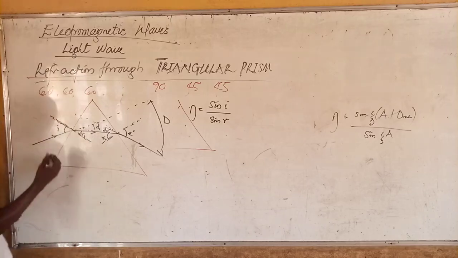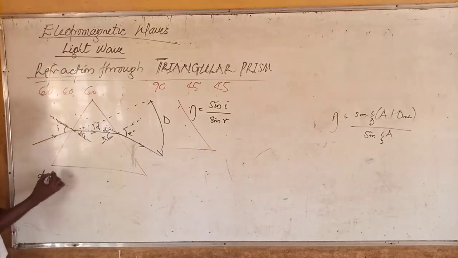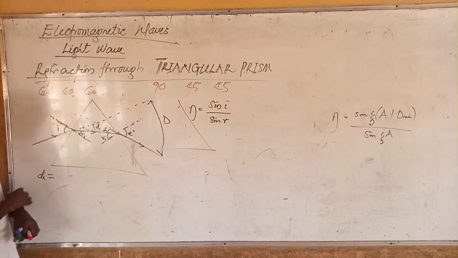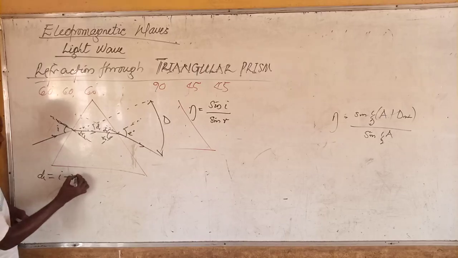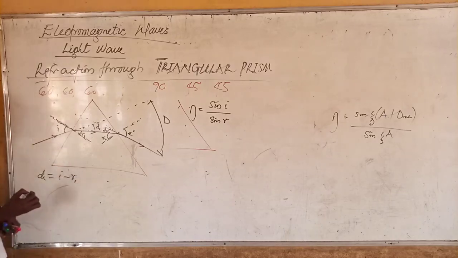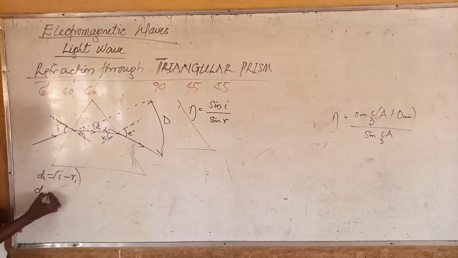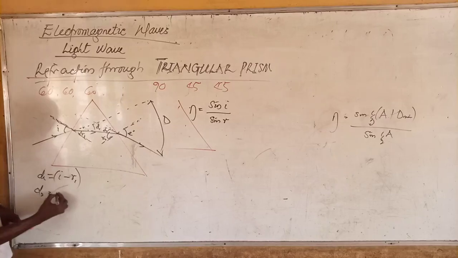So if we look at this, we will say that deviation 1 is going to be D1, and that would be the angle of incidence minus the first angle of refraction. All right, and this is going to be the first deviation. Then the second deviation is going to be the angle of emergence minus the second angle of refraction.